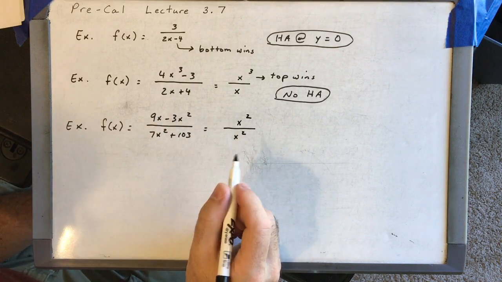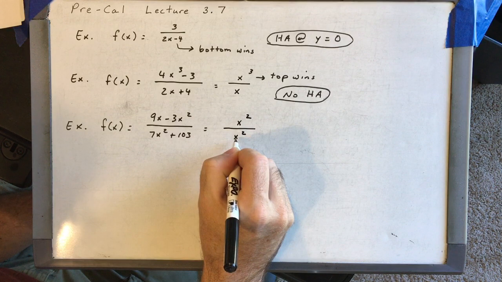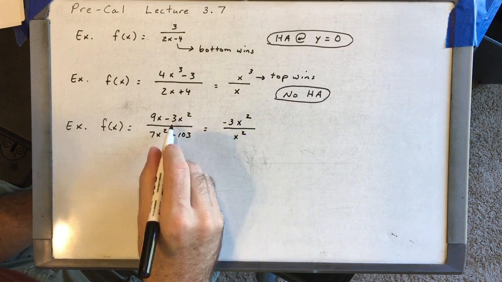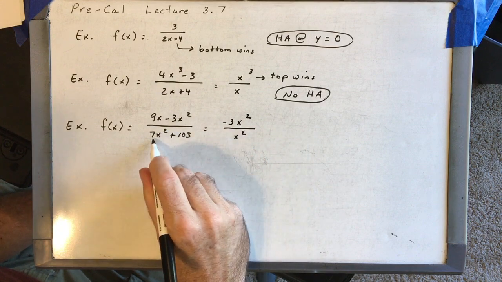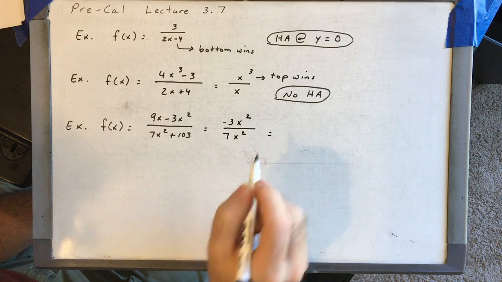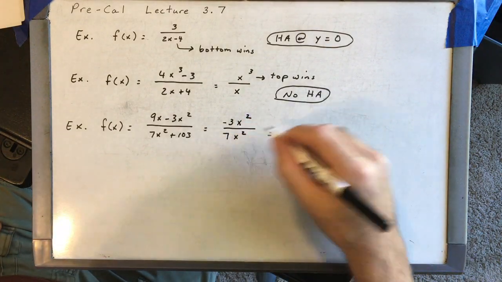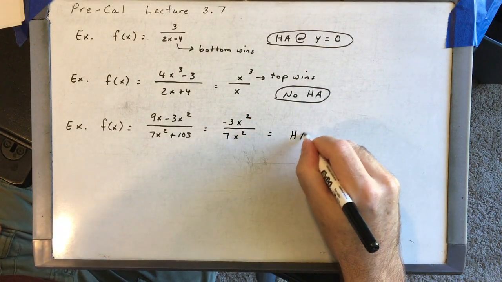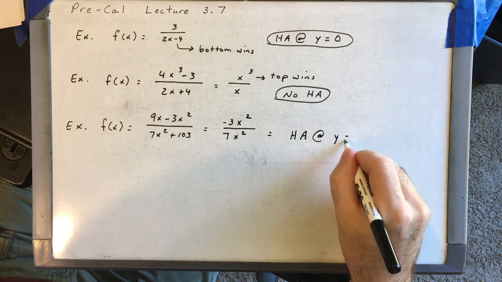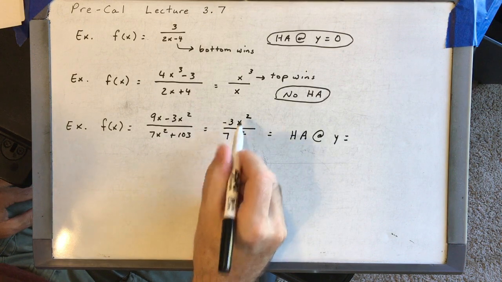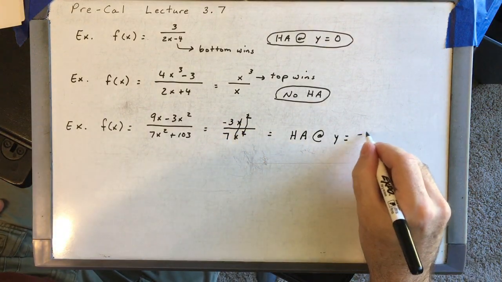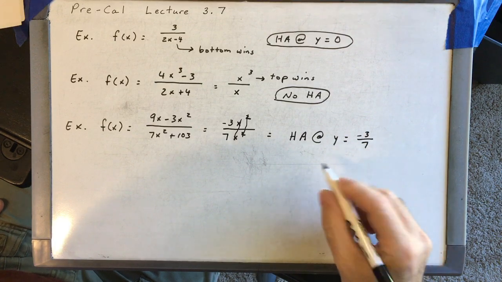I don't care about the 9x. Now, if it's a tie, you have to think about the coefficients. So we have negative 3x squared, and we have a 7 here. If it's a tie, the horizontal asymptote is determined by the coefficient. So our horizontal asymptote occurs at y is equal to negative 3 over 7. It's like these x squareds cancel out, right? So negative 3 over 7.